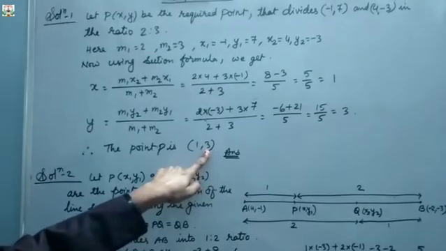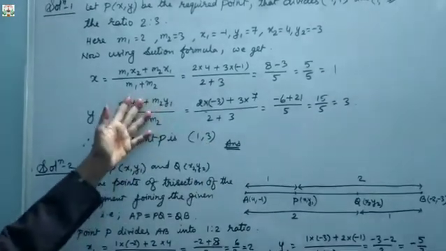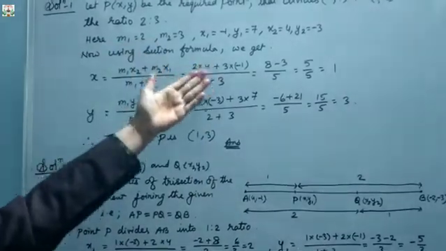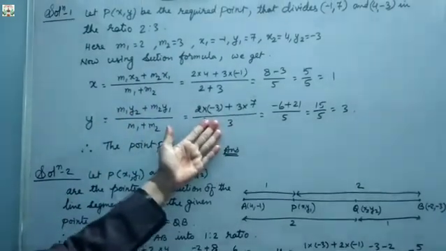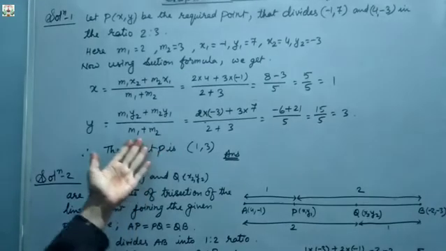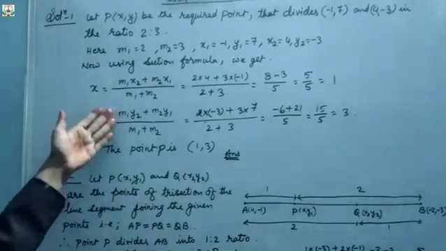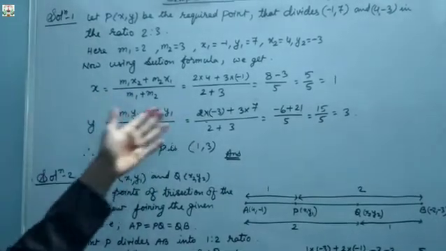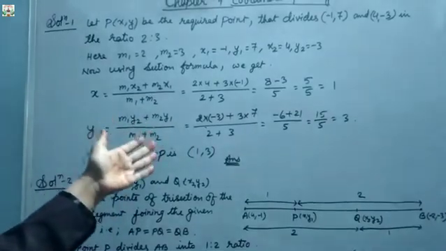Clear? Understood? The formula is not known and here values are given. So put the values and solve the particular fractions, that means the ratios and all; substitute the values and solve it.